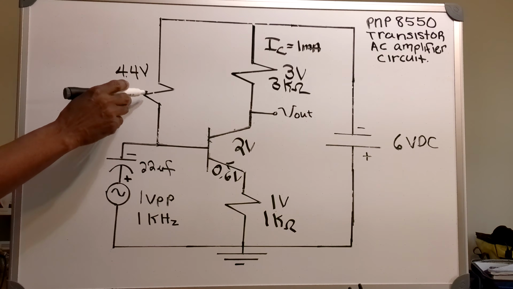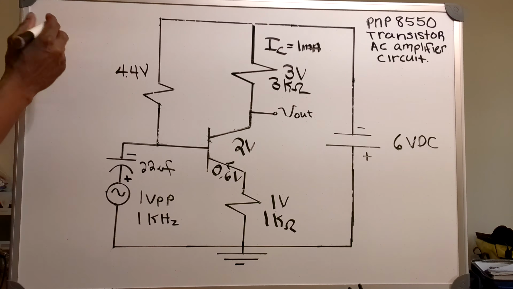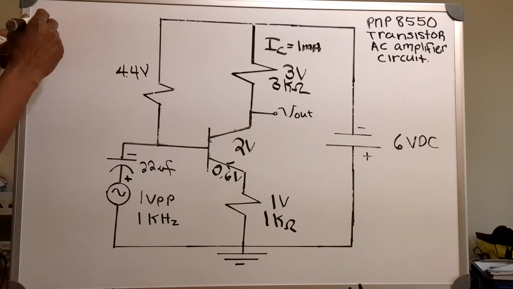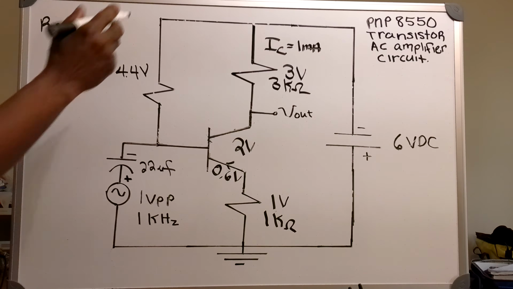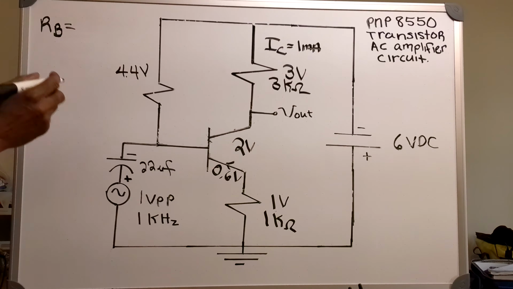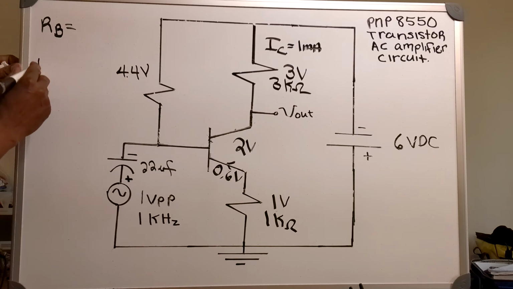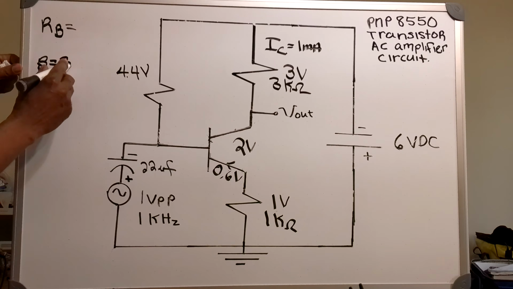Now I'm going to find the value of my base resistor. Now the beta of my transistor equals 300.